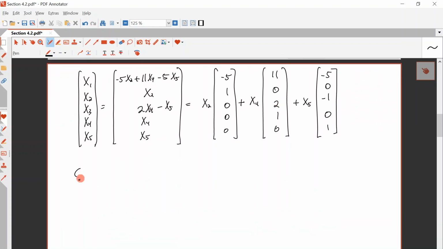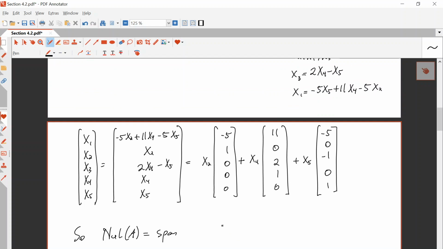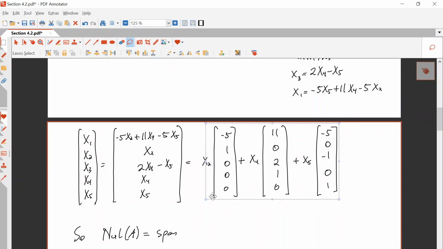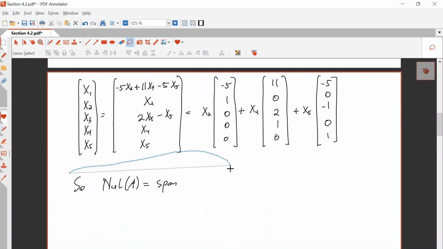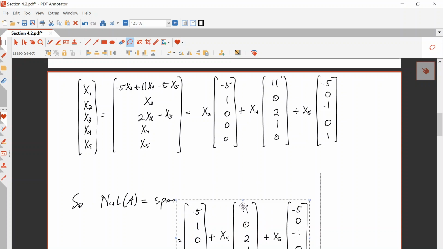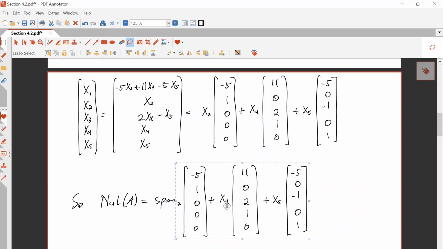So there it is. The null space of A is the span of these three vectors. And those vectors are linearly independent because the matrix with these three columns has three pivots, as I'll show you in just a second.